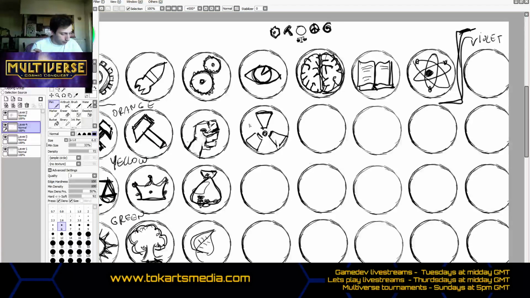Next, let me think what else I have. I have a skull, which isn't, I mean, it's a symbol for death, and it's not exactly what violet is. Maybe a skull and crossbones, which is more a symbol for pirates than anything else.